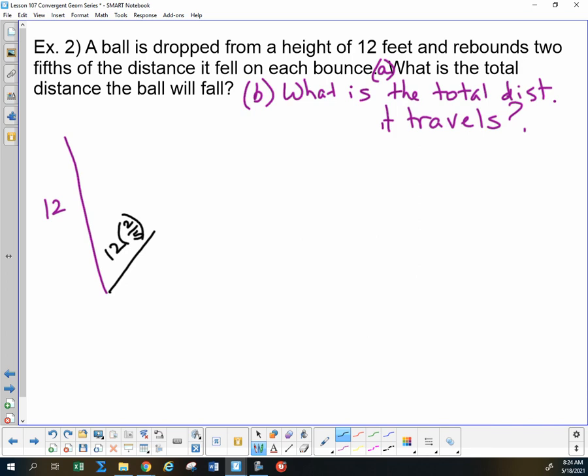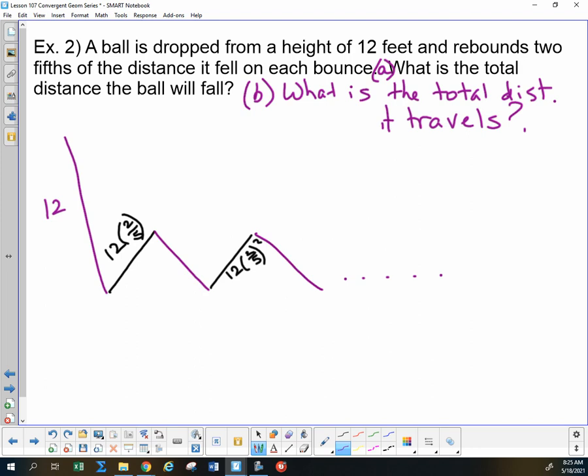Okay, that bounce I don't want to include in part A. I do want to include this next downward one, which is the very same thing. Then it's going to bounce up, and I don't want to count that, but it is 12 times 2/5 squared. And then it's going to fall that same distance, so I do want to count that. And so on and so on and so on.